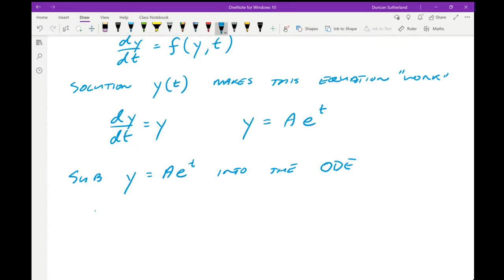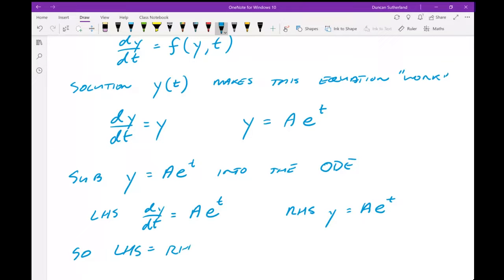So your left-hand side, dy/dt equals a e to the t, since the derivative of e to the t with respect to t is just e to the t. And you note that the right-hand side is y, and that's just equal to a e to the t. So left-hand side equals the right-hand side, which is exactly what's required for the equation.